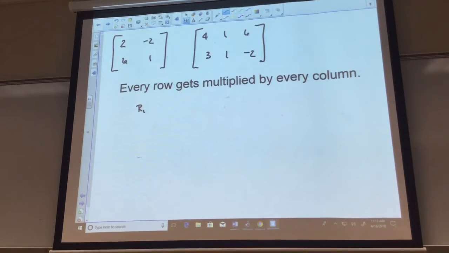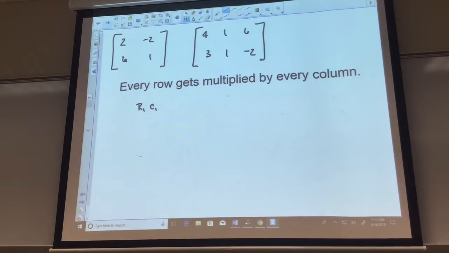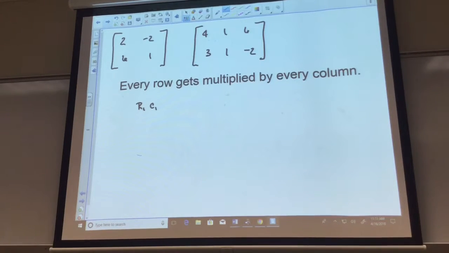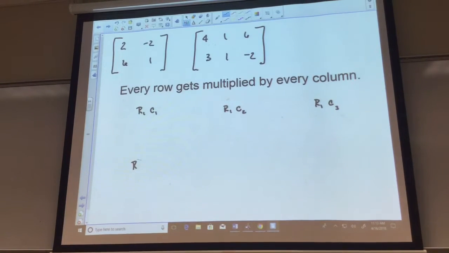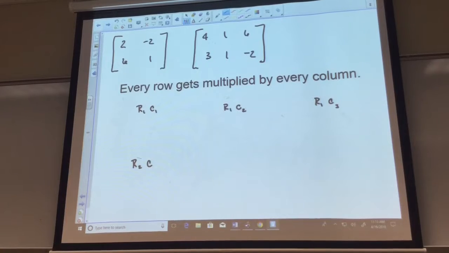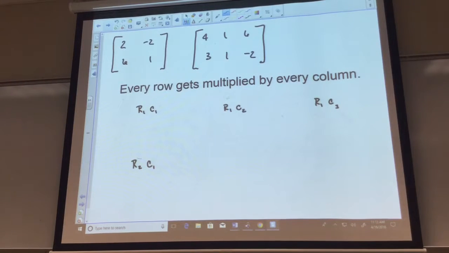Row 1 has to be multiplied by column 1. Row 1 has to be multiplied by column 2. Row 1 has to be multiplied by column 3. Row 2 has to be multiplied by column 1.